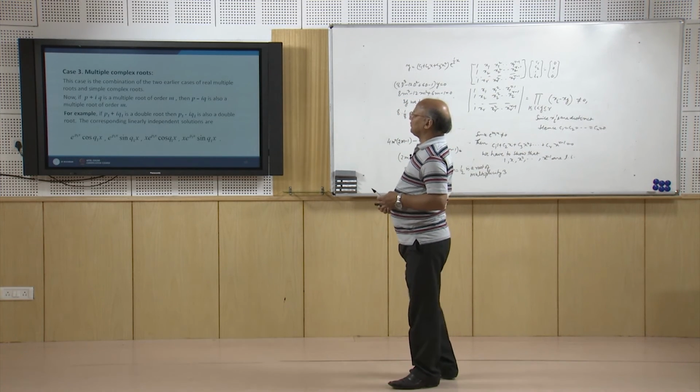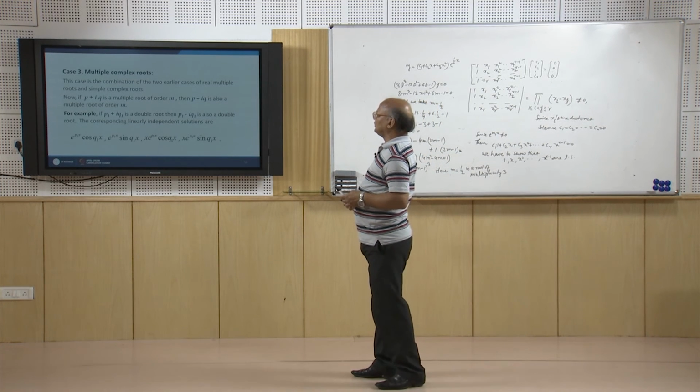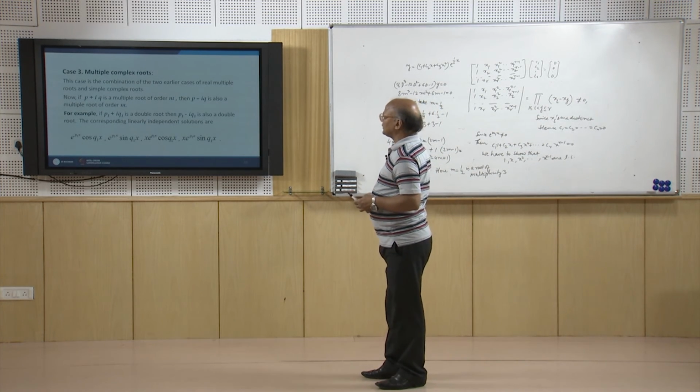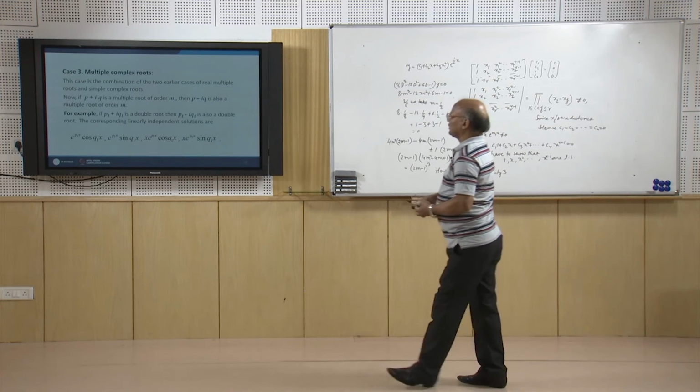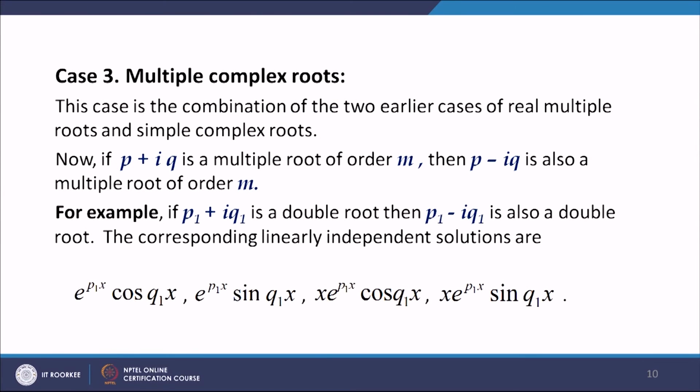So if y1 is e to the power p1 plus iq1 into x and y2 is e to the power p1 minus iq1 into x, then y1 plus y2 is also a solution and y1 minus y2 by 2i is also a solution, which are e to the power p1x cos q1x and e to the power p1x sin q1x.